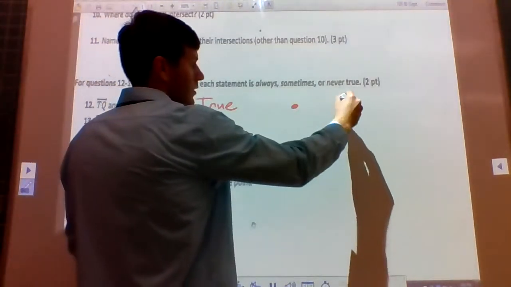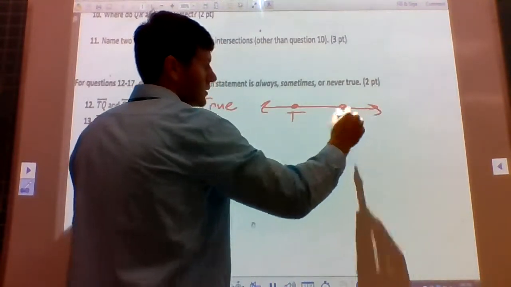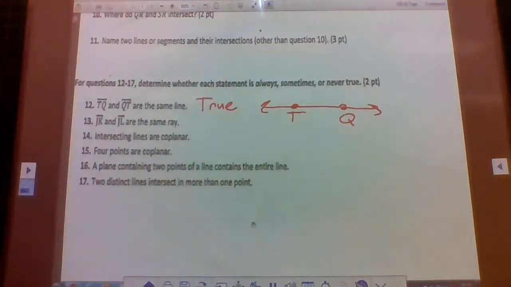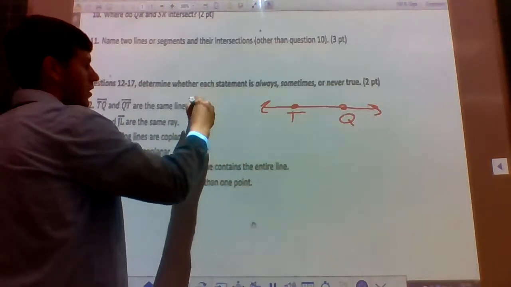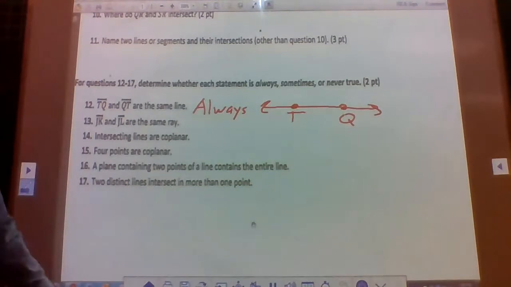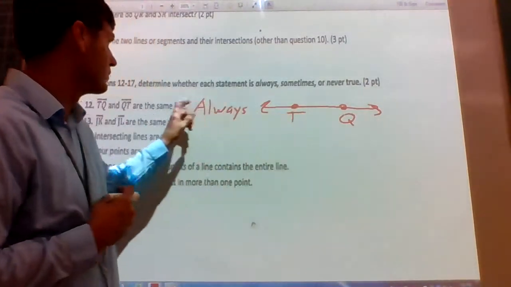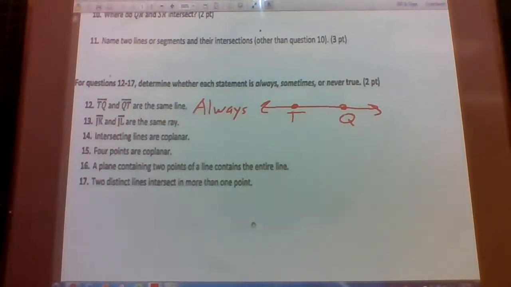So if we have 2 points, T and Q, there is exactly 1 line. So this is always. For any 2 points, there's exactly 1 line that will go between those 2 points. There's no other line we can draw connecting T to Q. So that means these 2 lines have to be the same.